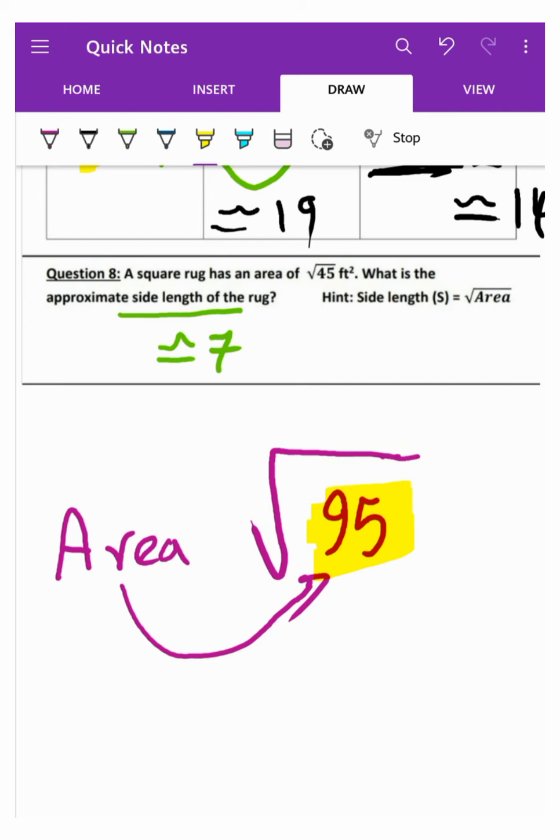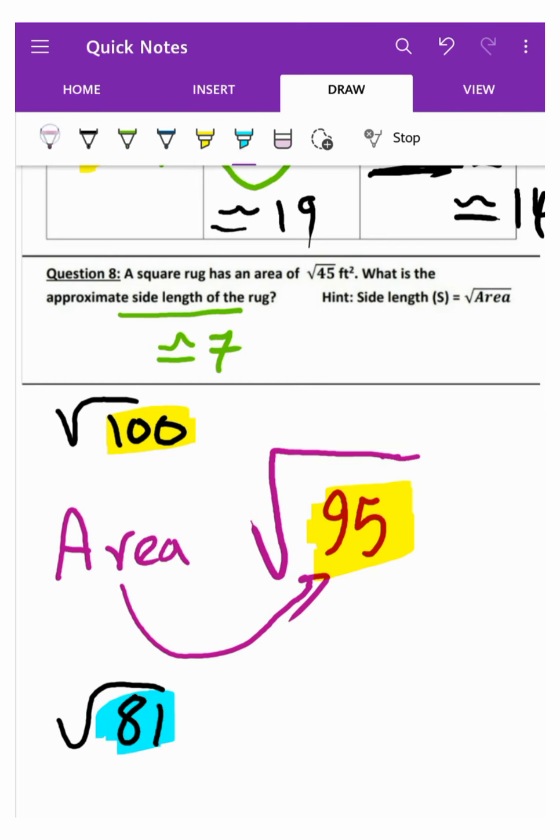The first one is 100, and the lower perfect square is 81. But as you see, the 95 is nearest 100 more than the 81, so cancel this. The length of the side is about 10.